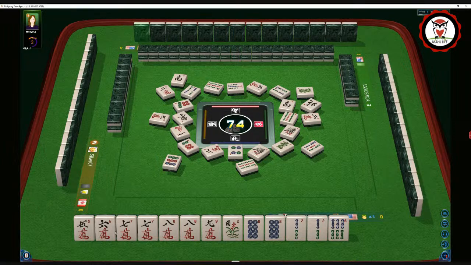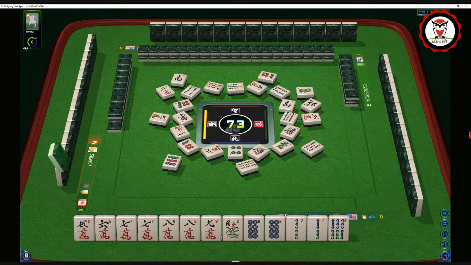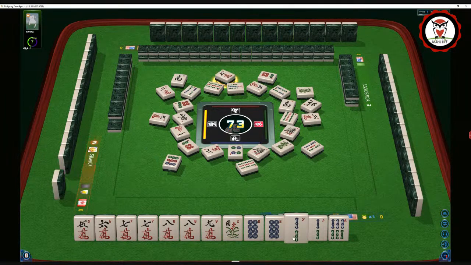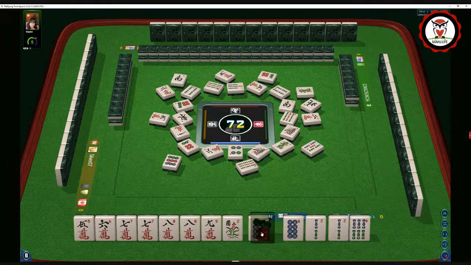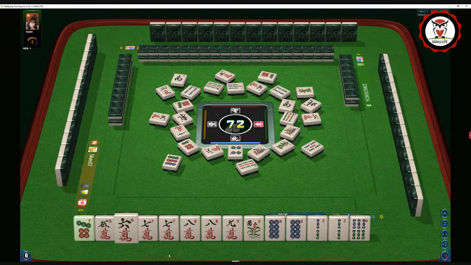We might be able to play 6, 7, 8 or 7, 8, 9. Or maybe if we get the red dragon, we could play the concealed hand. Oh, 7, 8. 7, 8, 7, 8.